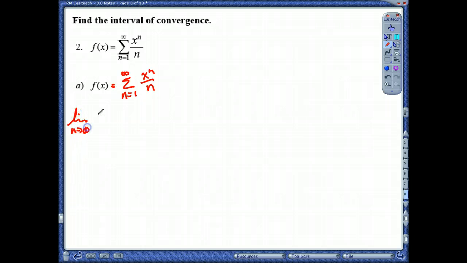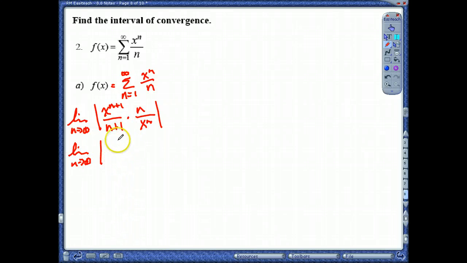So if you want to start off with it and then go by the ratio test, you're convergent when, that would be super. Ratio test, the n plus 1 term divided by the nth term. So we're going to flip and multiply. So that becomes the limit as n approaches infinity of x times n over n plus 1.